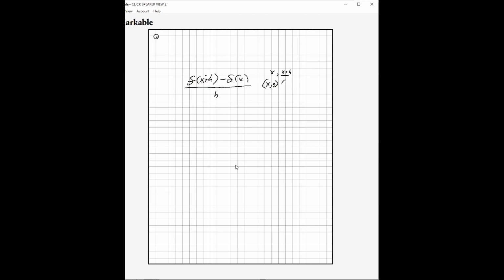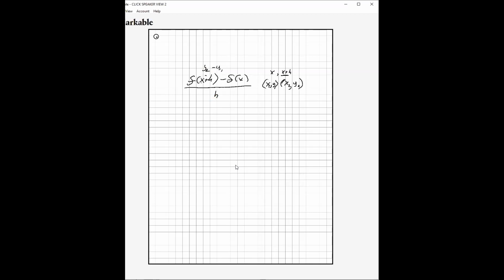So instead of using x and x plus h, I'm going to use x sub 1 and x sub 2. And so this is going to be y sub 2. So f of x, or f of x sub 1, is y sub 1, and f of x plus h is f of x sub 2, which gives us y sub 2. And so here we have y sub 2 minus y sub 1.